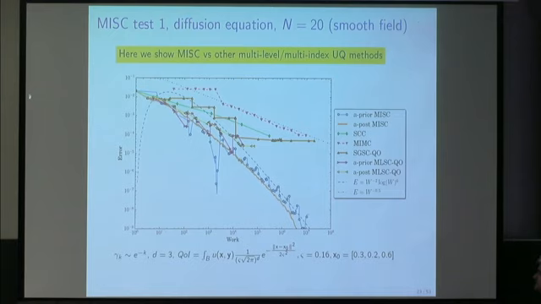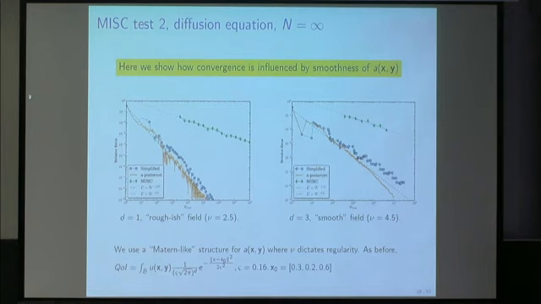The alternatives being either a less efficient way of prescribing the corrections, because the size of the corrections are not properly estimated, or because you consider only uniform grids in space, so you always refine all directions in space simultaneously, or because you are using Monte Carlo, which is a suboptimal estimate in probability. Okay, so there's a bunch of alternatives, but let's say the MISC is the one that is most effective, at least in this scenario.